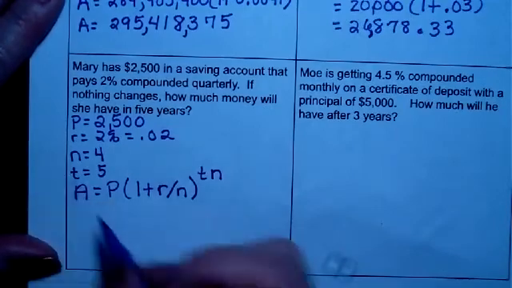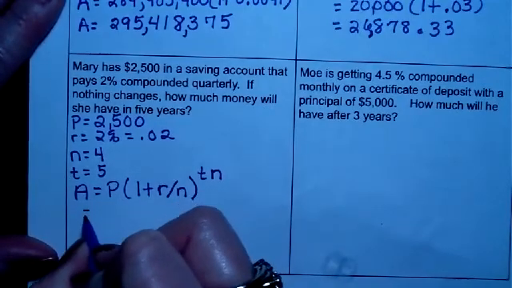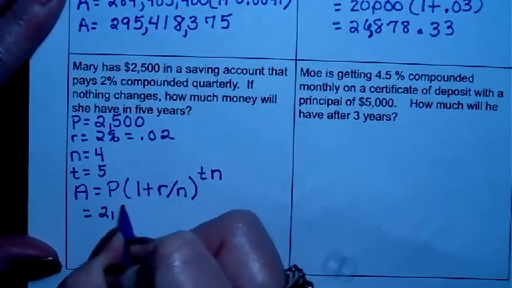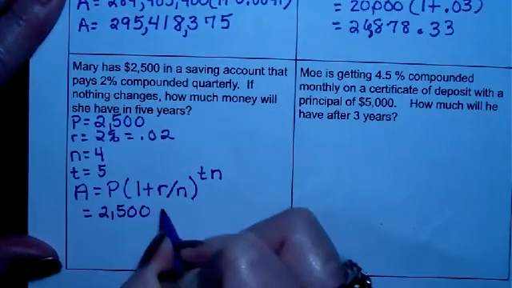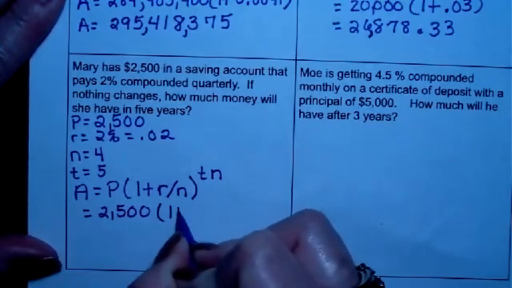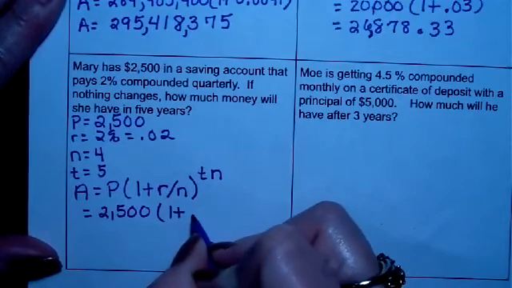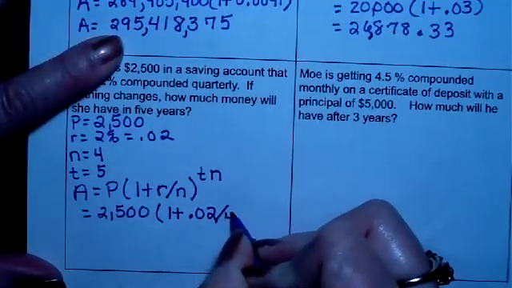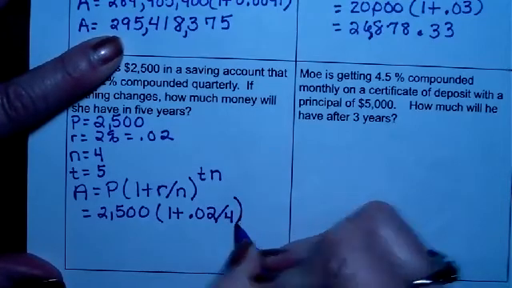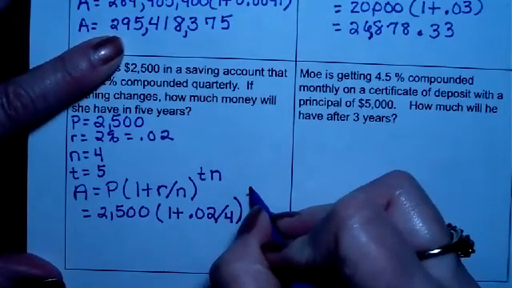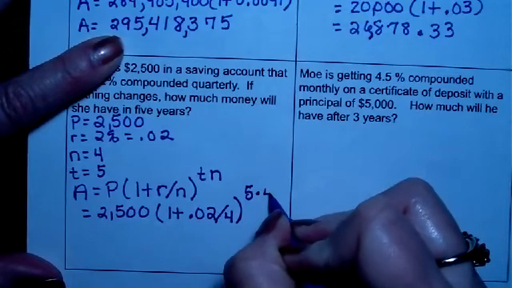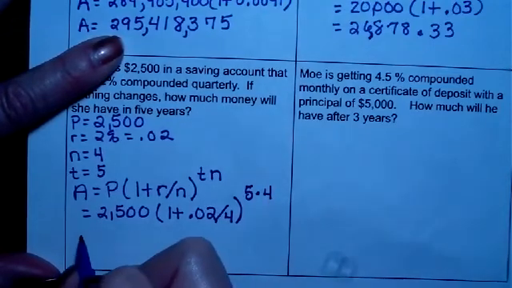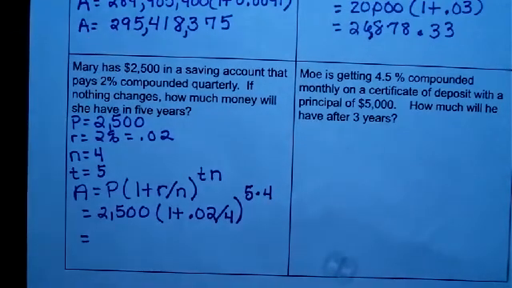Now let's put our 4 numbers in our correct spot. P is 2,500, parentheses, 1 plus my R, which is 0.02, we're dividing that by 4. Close that parentheses, and up here, I'm going to have 5 times 4. Now, once I do this, it's just chunk it into the calculator.